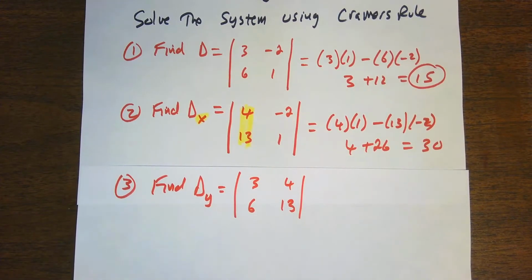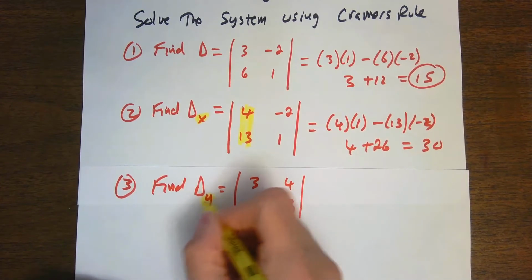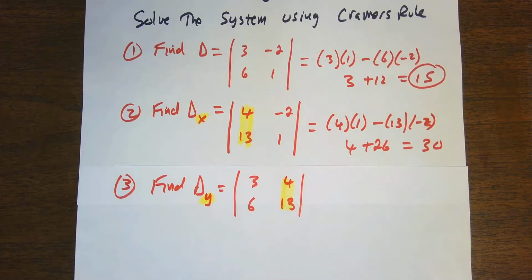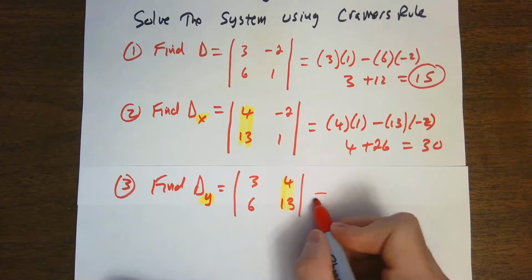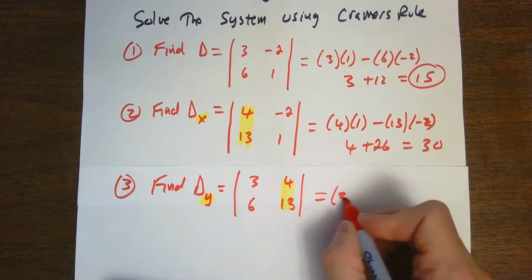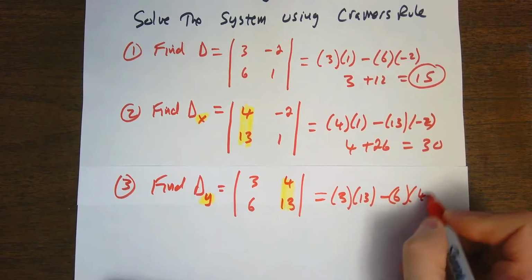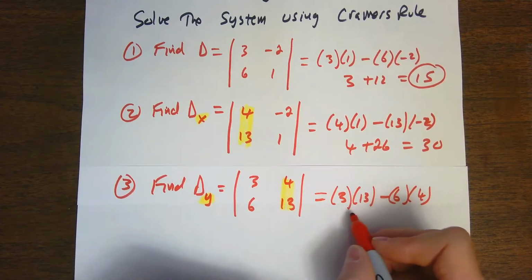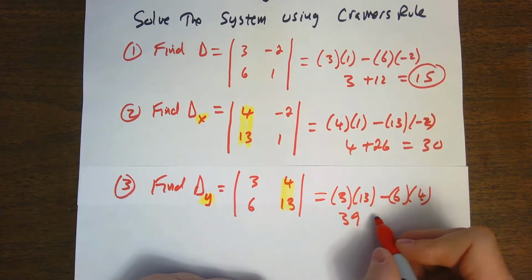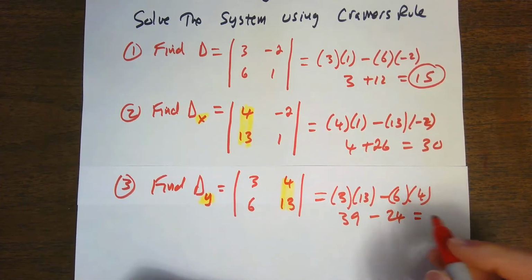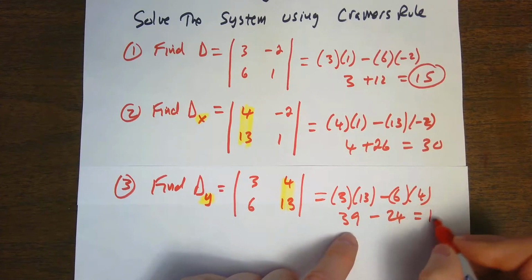So in the determinant Y matrix, I've replaced the y's with the constants. Find the determinant here. Again, use this trick. 3 times 13 minus 6 times 4. 3 times 13 is 39. Minus 6 times 4 is 24. 39 minus 24 is what, 15?